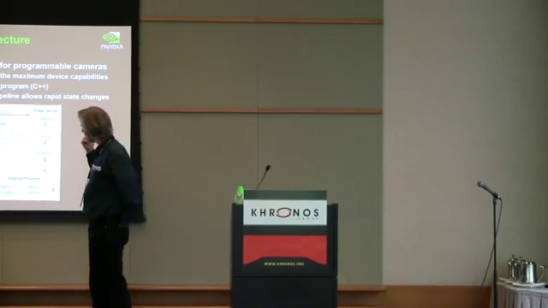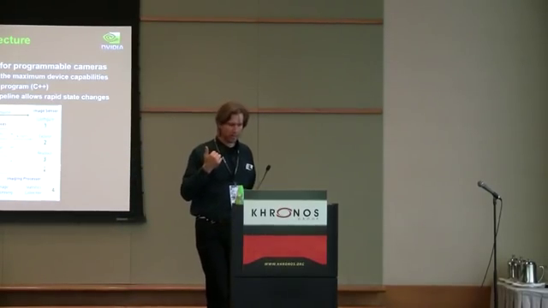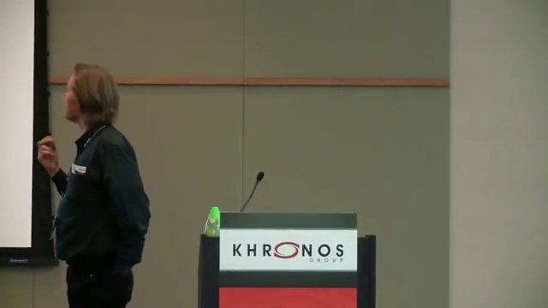It also changes the way of thinking about the camera. Most camera APIs, such as Video for Linux, think of the camera as something that has a global state. And that's not true, ever.